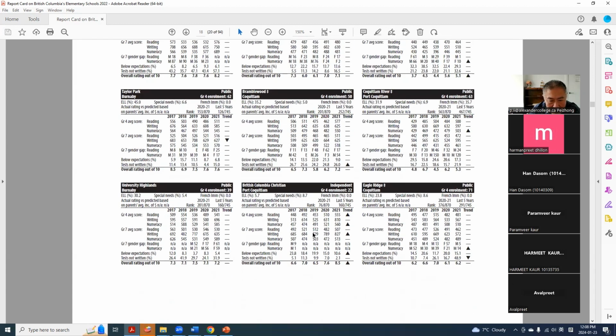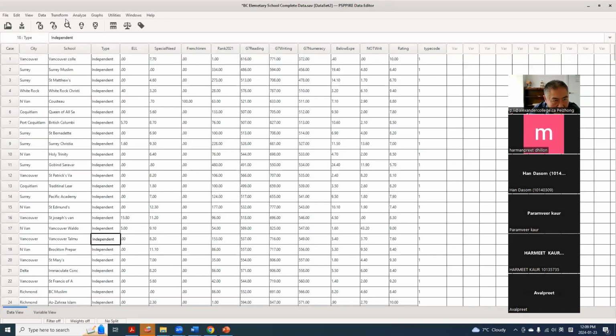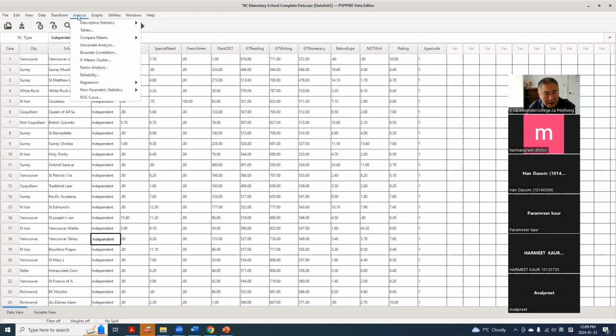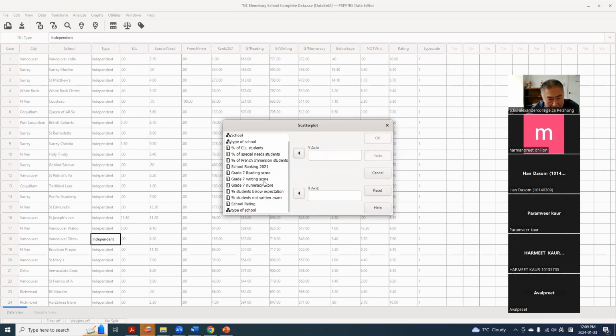8%. So I'm going to do a correlation between special needs students and maybe reading. Let's look at a scatter plot. Special needs students here on X, and let's see, numeracy.